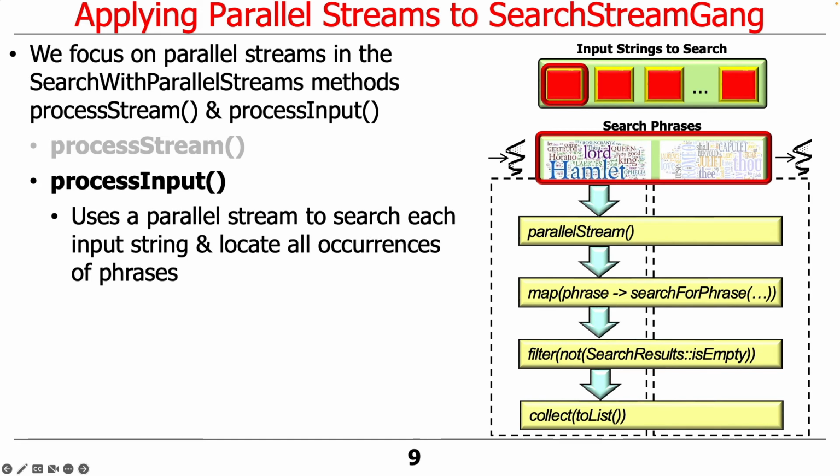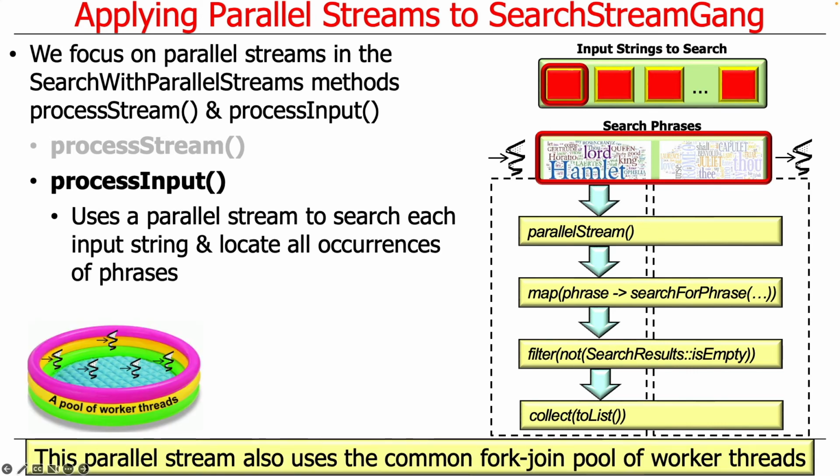And this uses another parallel stream to search each input string, like Hamlet, for example, to locate all the occurrences of phrases that we're interested in finding. So if we want to look up, neither a borrower nor a lender be, or my horse, my kingdom for a horse, or pick your favorite Shakespeare phrase like et tu Brute or whatnot. Those searches will also be done in parallel on each input string.